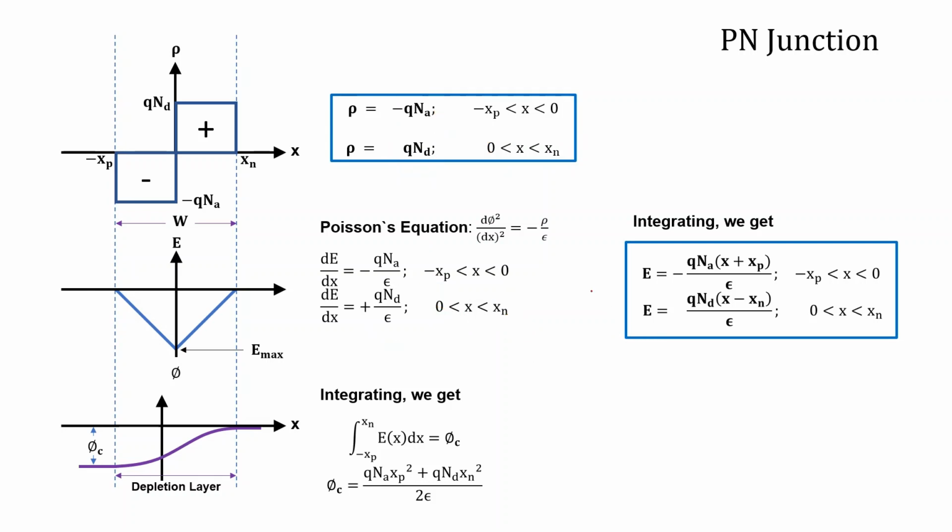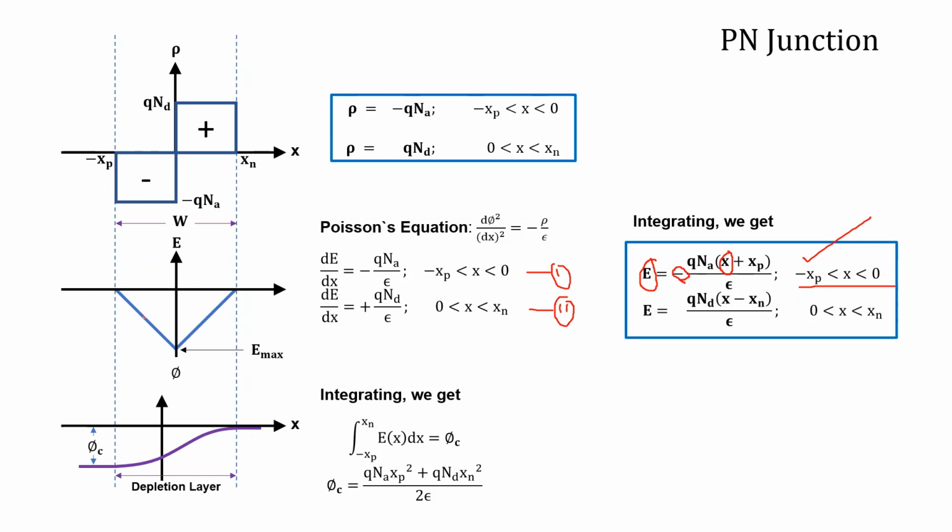Right? Now we can integrate these equations, equation number 1 and equation number 2. So we can integrate it with respect to distance, and we can get this expression. It is very easy and you can do it in your notes. Now as you can see from here, from minus xp to 0, electric field has a relationship with x with negative slope.